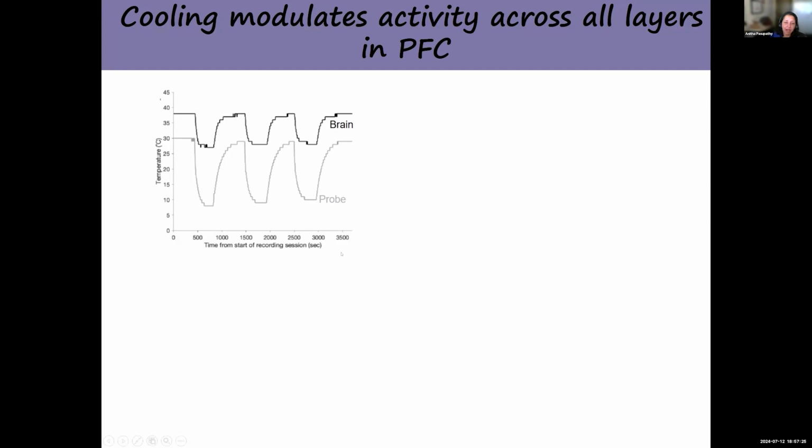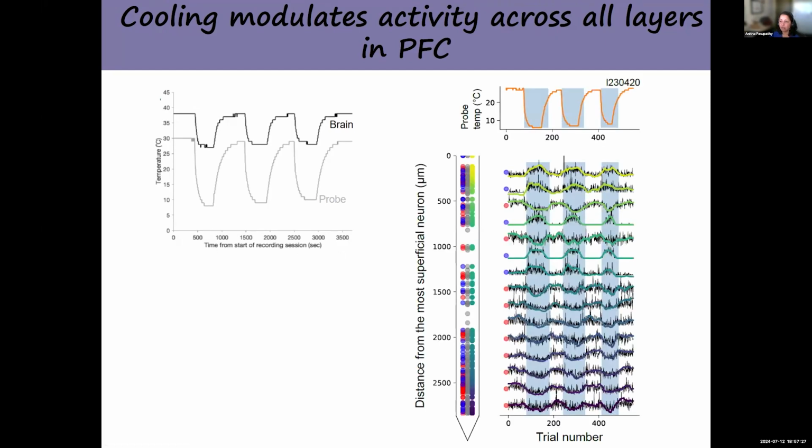As we're doing this experiment, we can study the responses of neurons in prefrontal cortex. We're using Neuropixel probes now, so we can observe the activity across all the layers of cortex. I'm showing you up here the temperature of the probe and the correlated activity of the neurons down below, and there are two things that we can observe here.